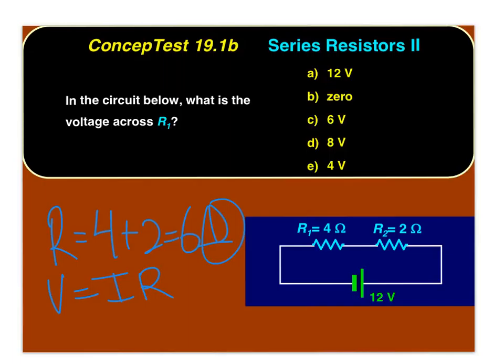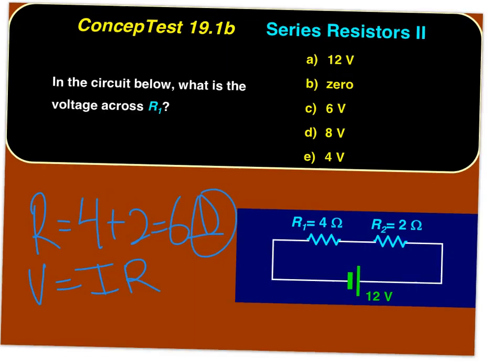Oh, okay, well this is the long way. Here's the short way. The short way is just to think that 12 volts is the voltage that pushes the electrons through these resistors, and voltage is used up in pushing the electrons through the resistors.